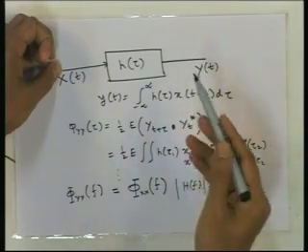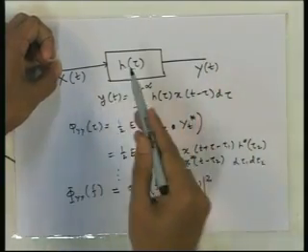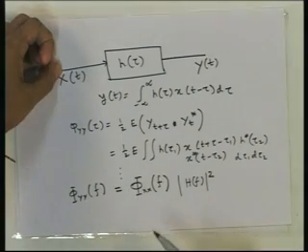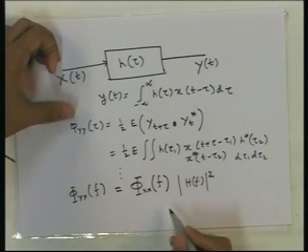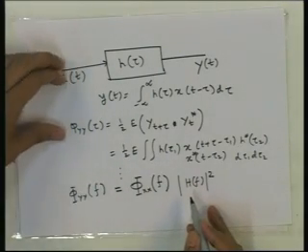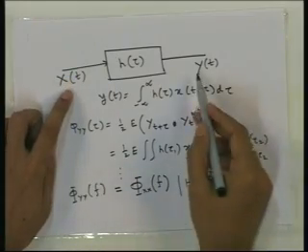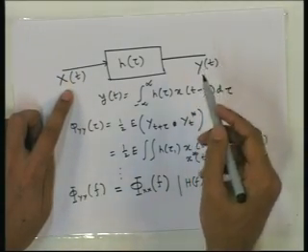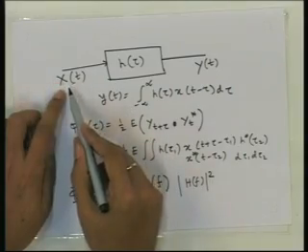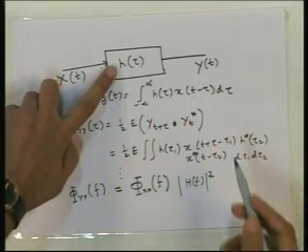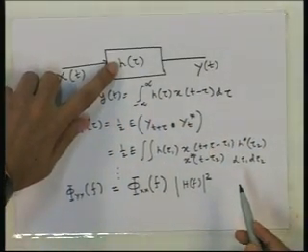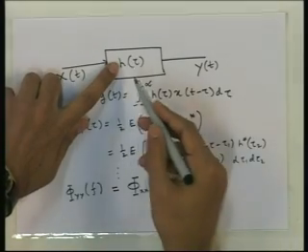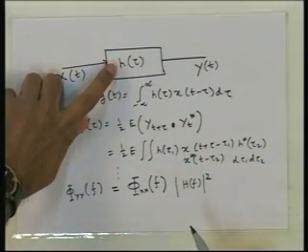For a random process a similar thing happens, only now you have to consider the power spectral density. The power spectral density of the output is the power spectral density of the input times the power frequency response of the filter.